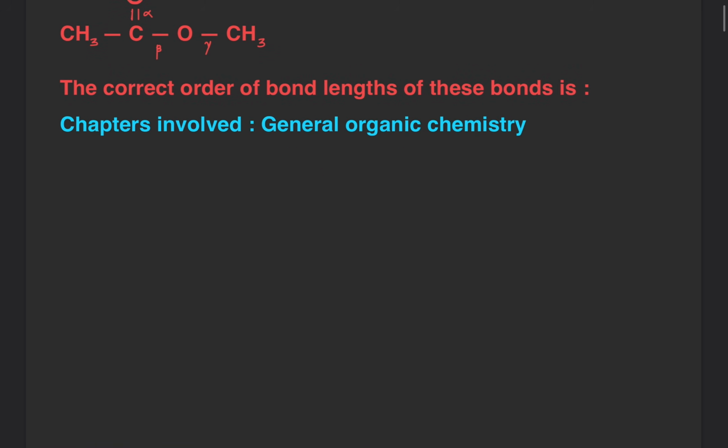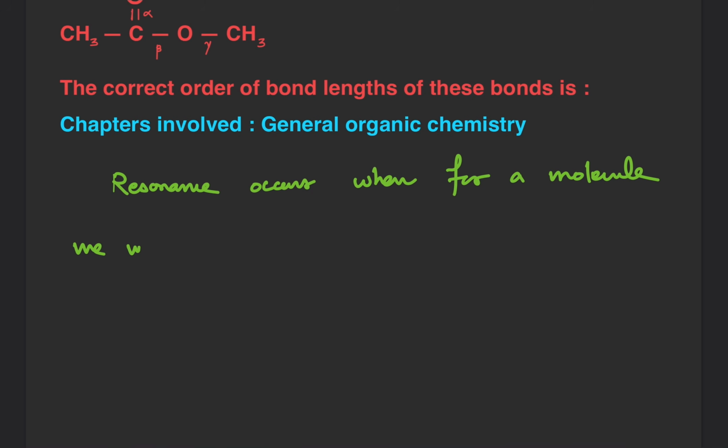So we know that resonance is said to occur whenever for a molecule we can write two or more Lewis dot structures.